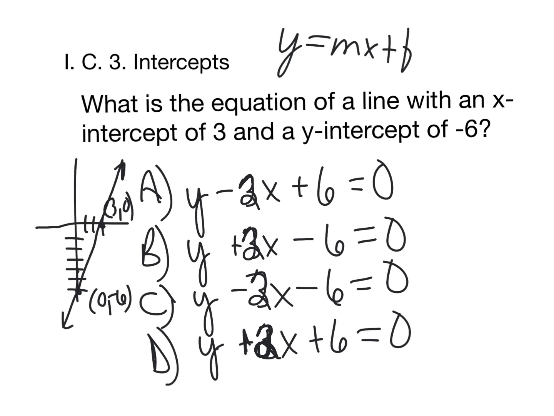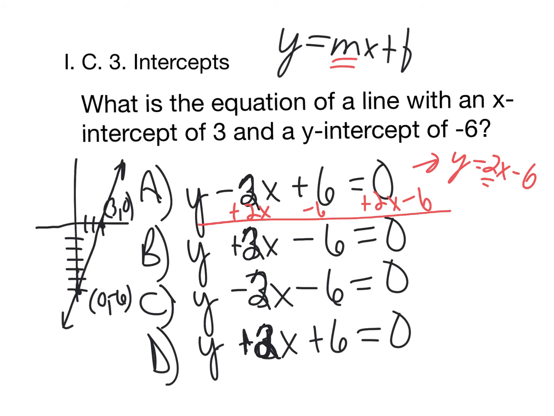Okay, so if we look at this first equation, if we would try and get the y by itself, we could add 2x on both sides and subtract 6. So that would be y equals 2x minus 6. The number next to x, that coefficient, is our slope. So that has a slope of 2. So it's a positive slope anyway.